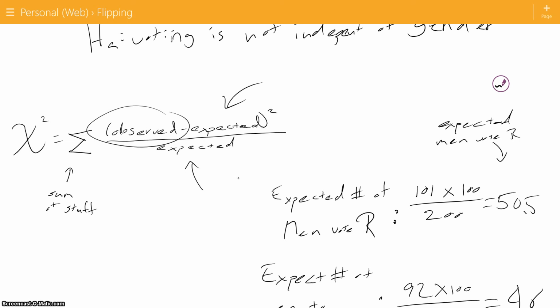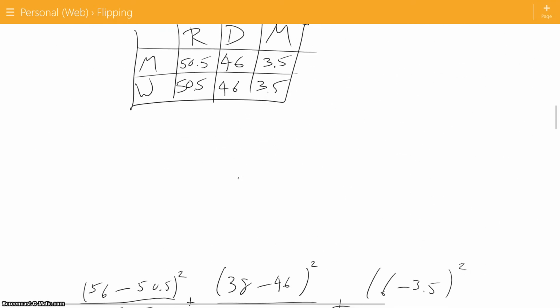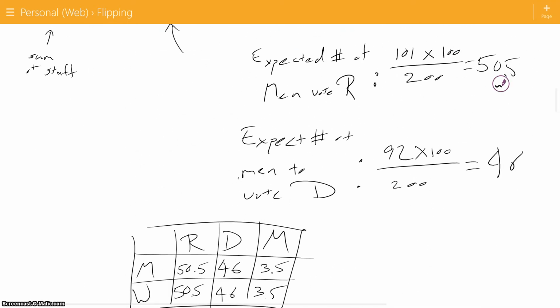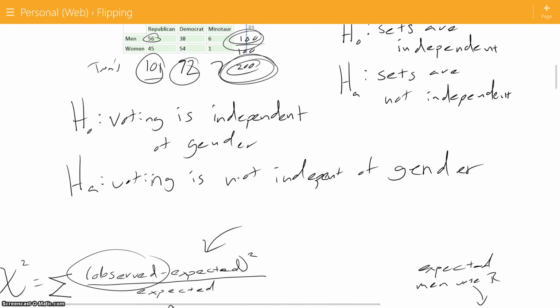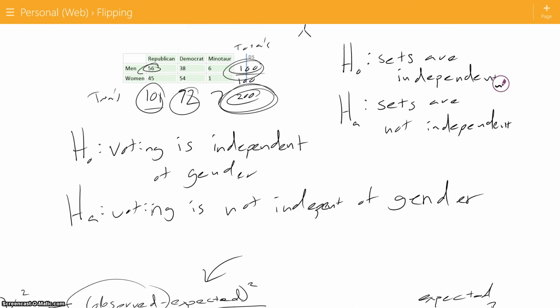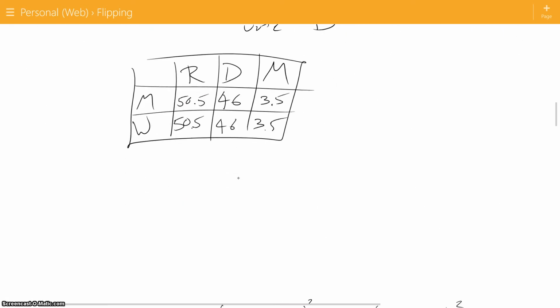So let me break down one of these examples here. In this first case, I'm going to use this 50.5. I saw that the actual, observed number was 56 men voted Republican.